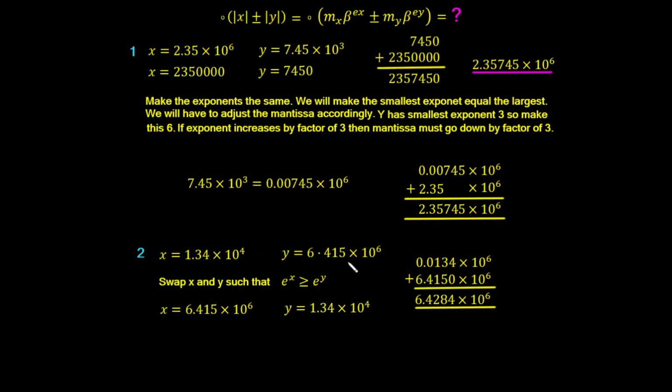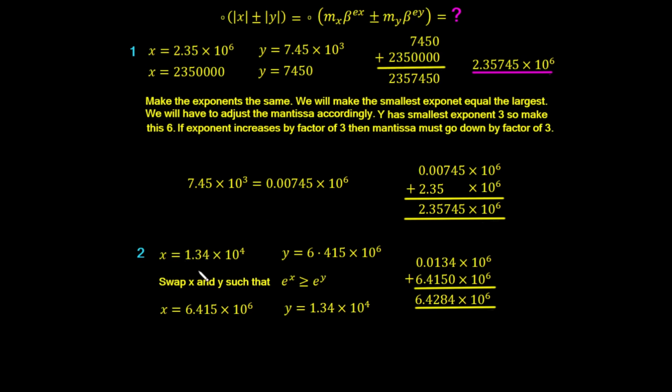Because the circuitry that we would have access to and designed will make the exponent larger and the mantissa smaller. And in order to get the right answer, we would therefore have to ensure that we were using this value here. This would be making the exponent of x larger and the mantissa of x smaller.